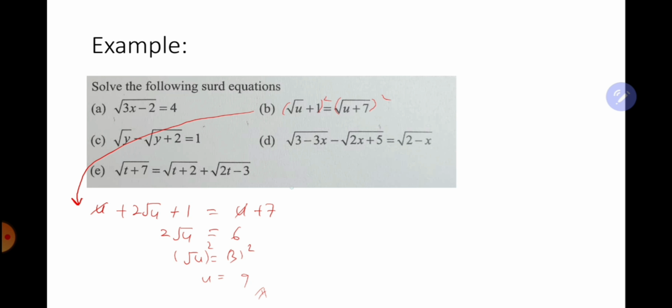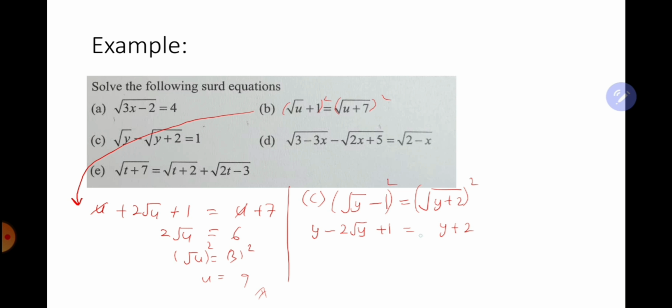For C pula, we have square root y minus 1 equals to square root y plus 2. I saja je buat macam ni sebab I rasa buat macam ni lagi senang kot. Then we square both sides. We will get y minus 2 square root y plus 1 equals to y plus 2.